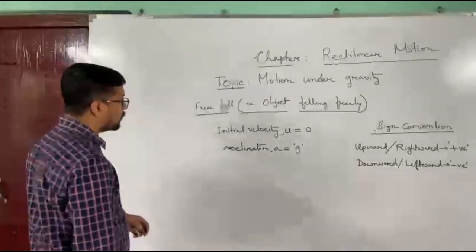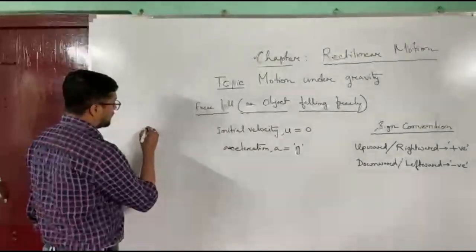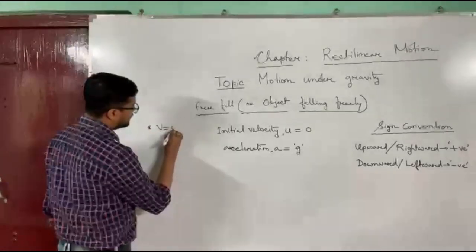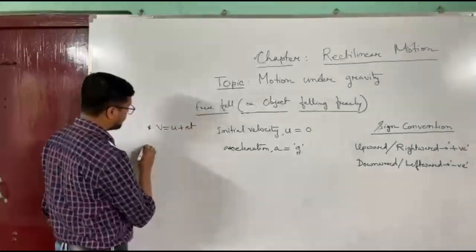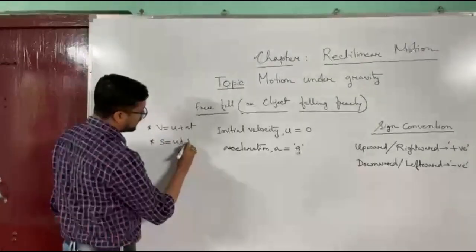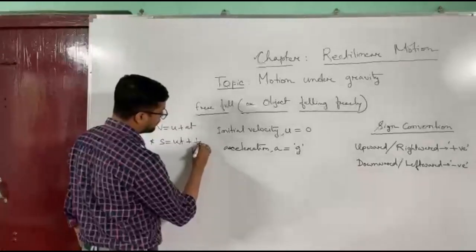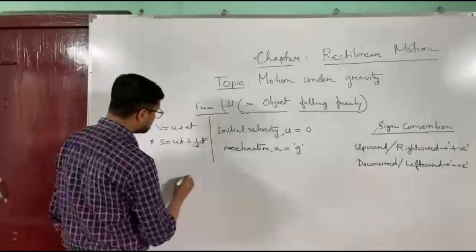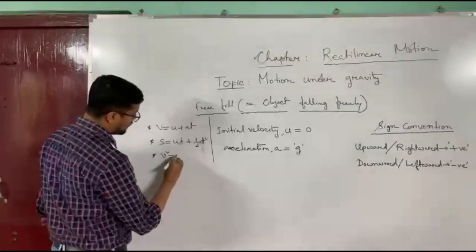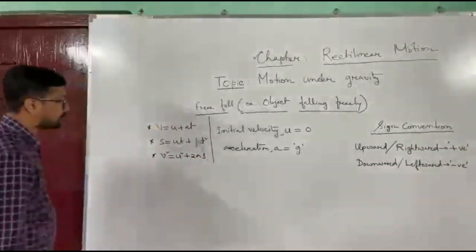As we already know, the equations of motion under constant acceleration are basically V is equal to U plus AT. The next one is S is equal to UT plus half AT square, and the third equation is V square is equal to U square plus twice AS.